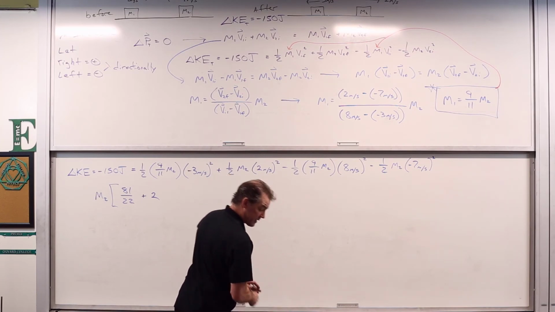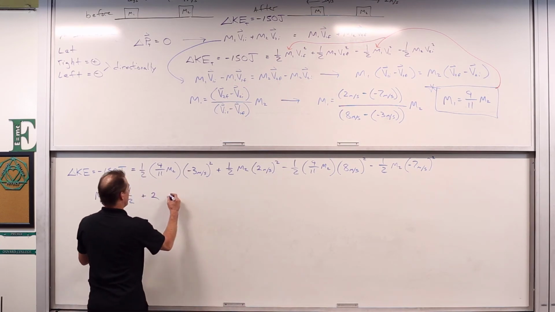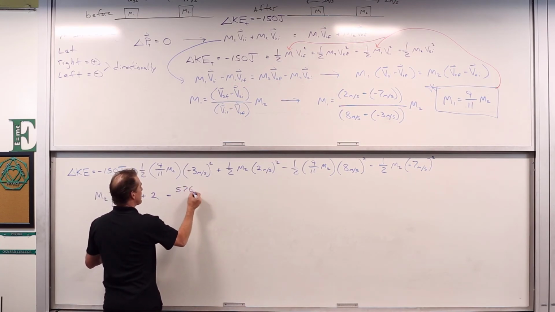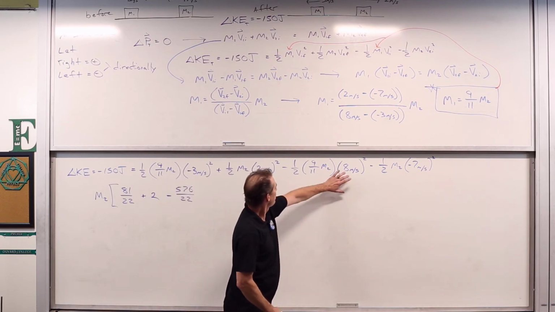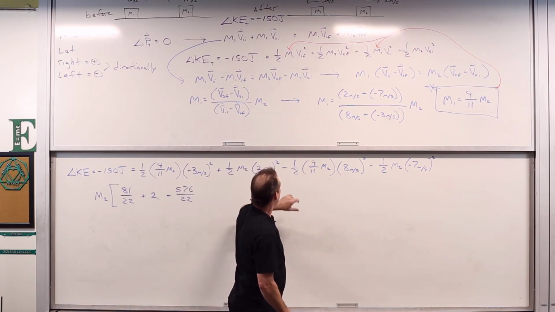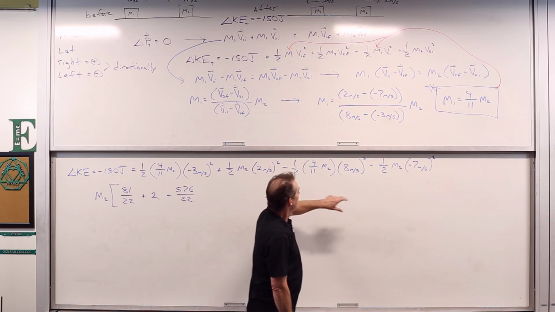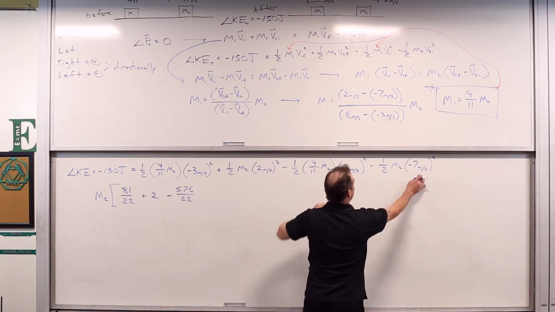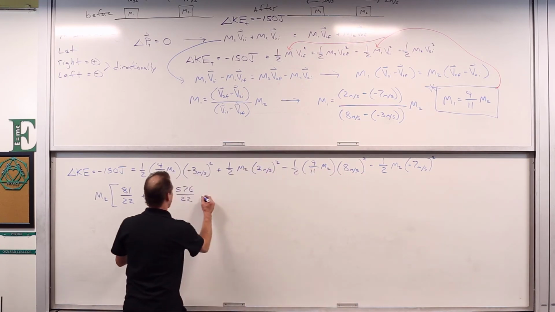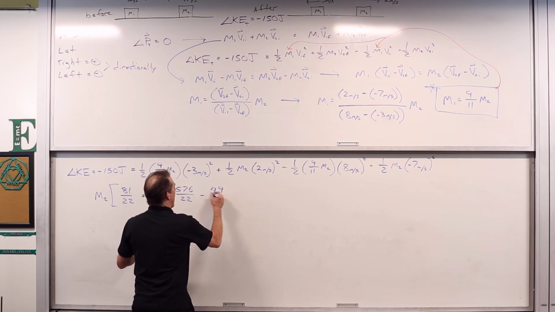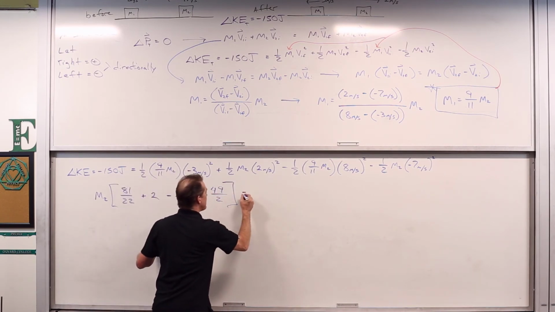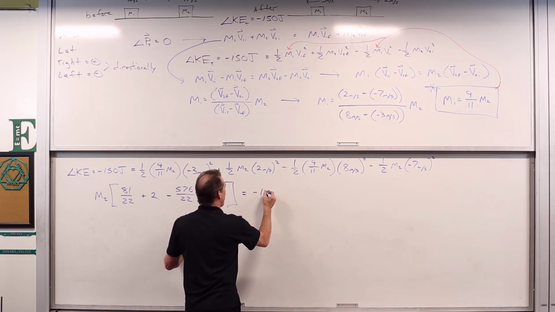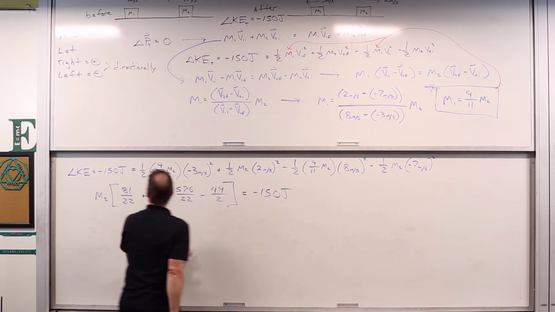Let's put it 576 22nds minus 576 22nds for this 8 squared times 9 divided by 22. And then we've got this right here. That's just going to be a 49 halves minus 49 halves is equal to negative 150 joules.